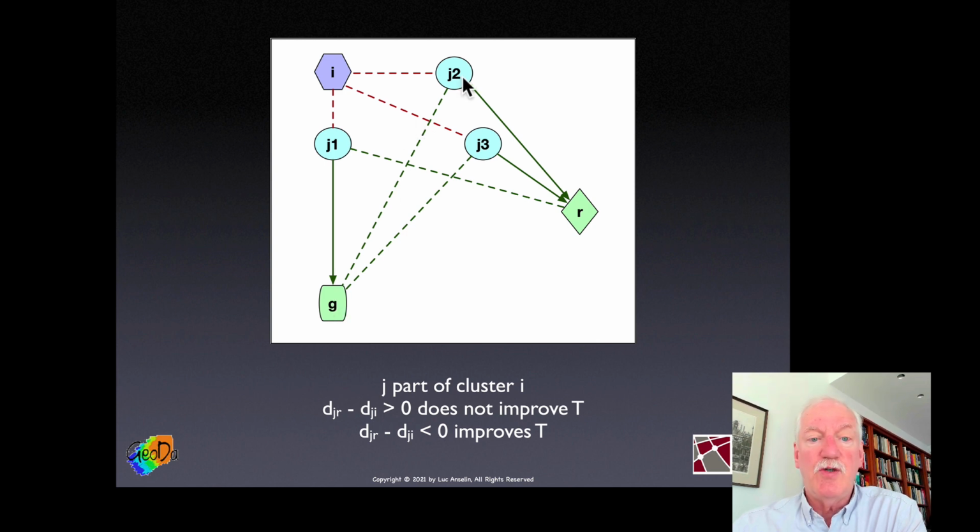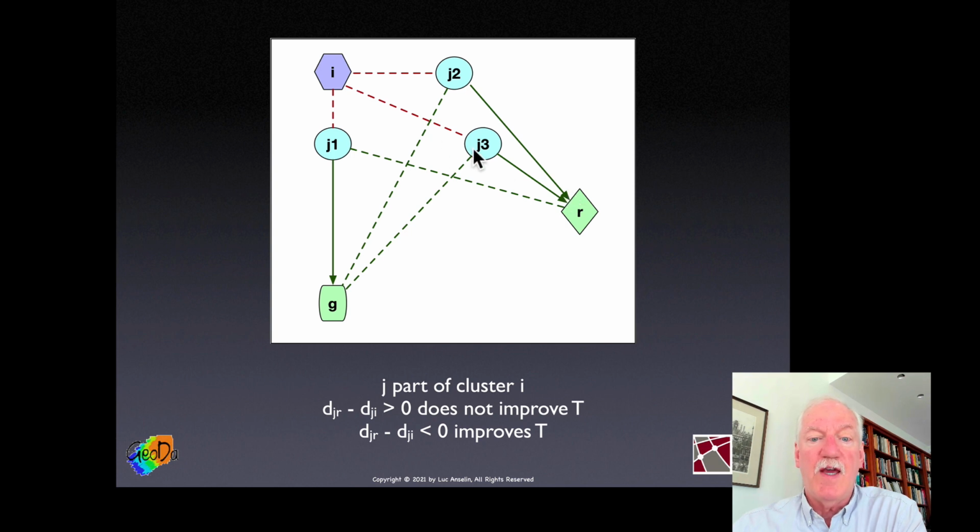In case J2, J was assigned to I, but is now closer to R. So it gets assigned to R, however, it is closer to I than to R. So therefore, again, we do not improve on the objective function.